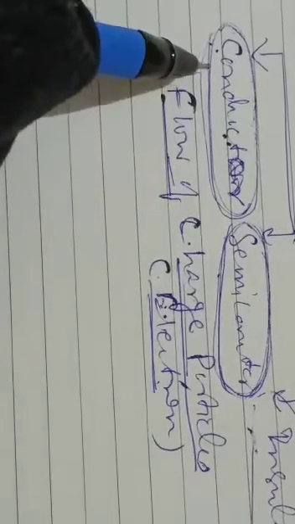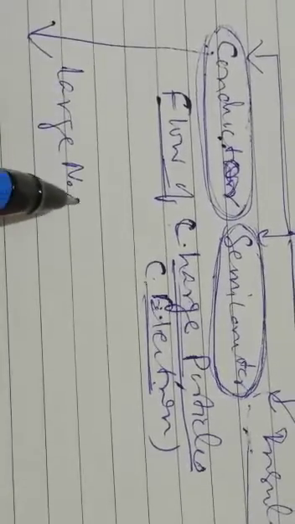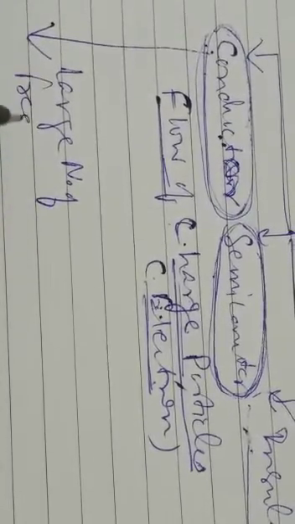So it signifies that a conductor can flow electrons easily. That means it has a large number of free electrons.